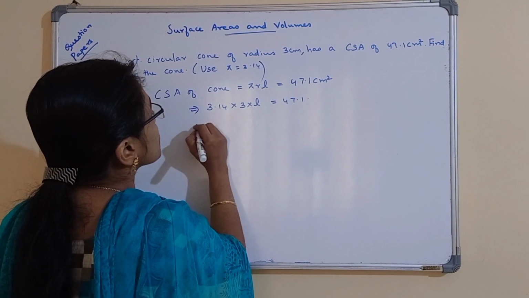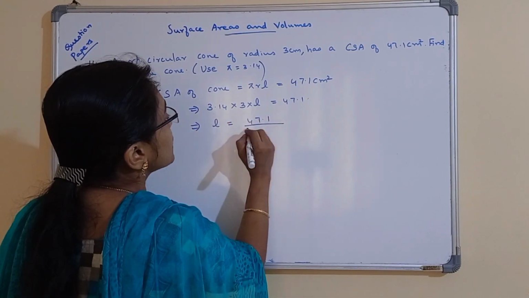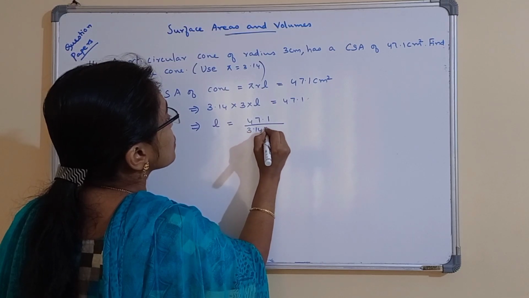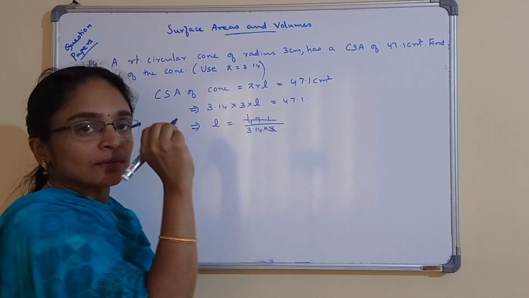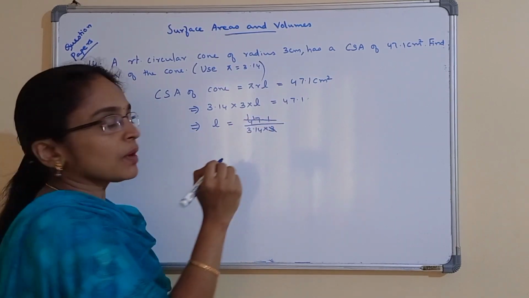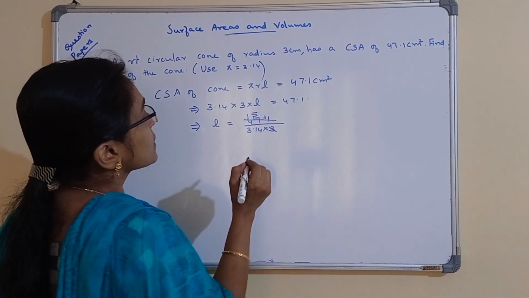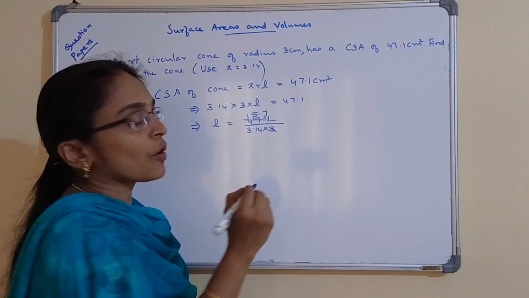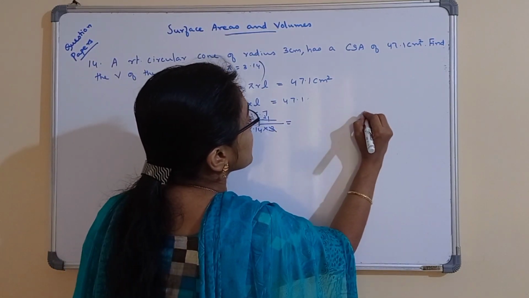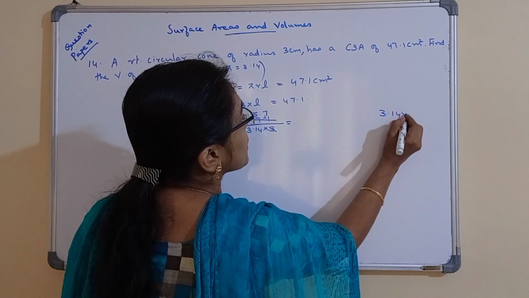So L equal to 47.1 by 3.14 into 3. And 3 will go in 4 one time, then 1 remainder. 17 by 3 is 5, 2 remainder. 21 by 3 is 7. So 15.7 by 3.14.